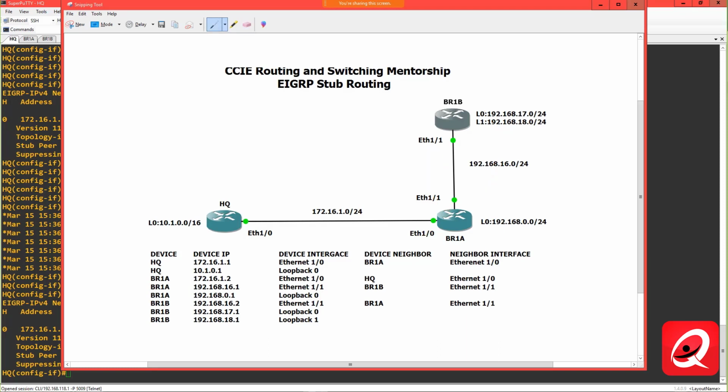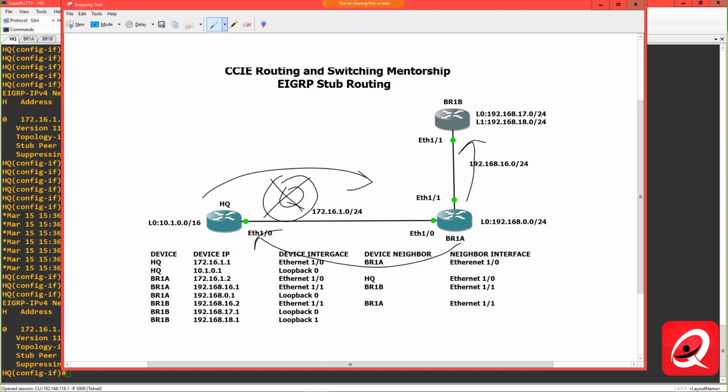Not only does the stub configuration limit the queries that go to that peer, so we're not going to send any queries, but it also allows us to limit what this branch router advertises to the upstream neighbors, both neighbors in this particular case.